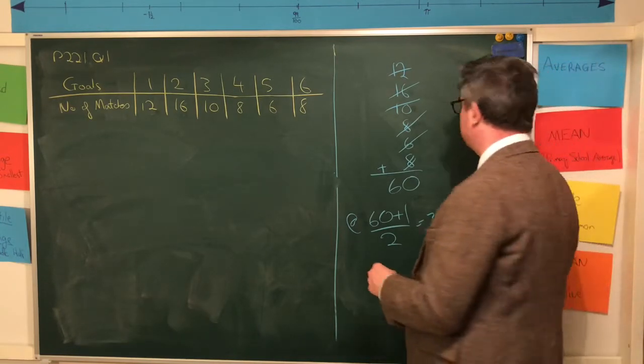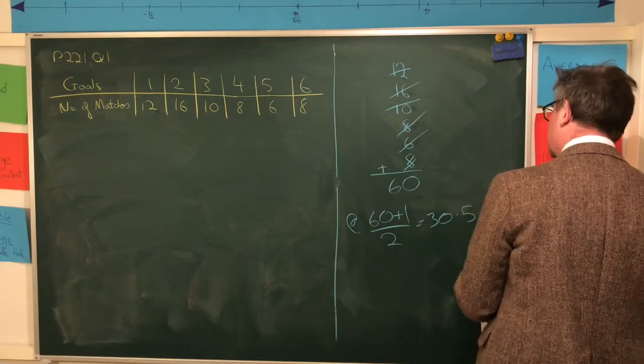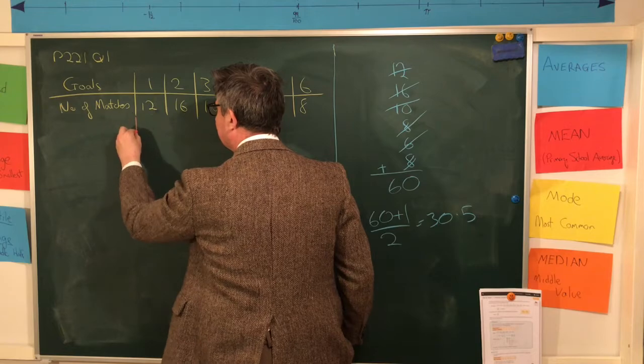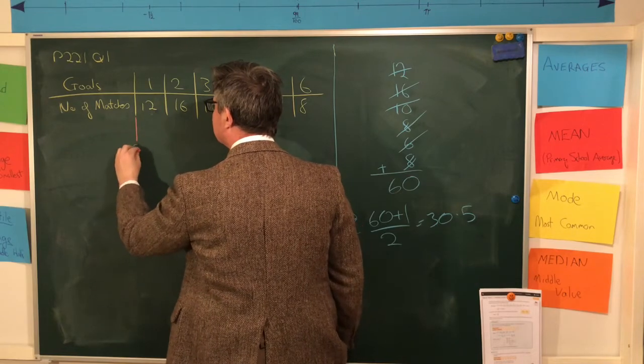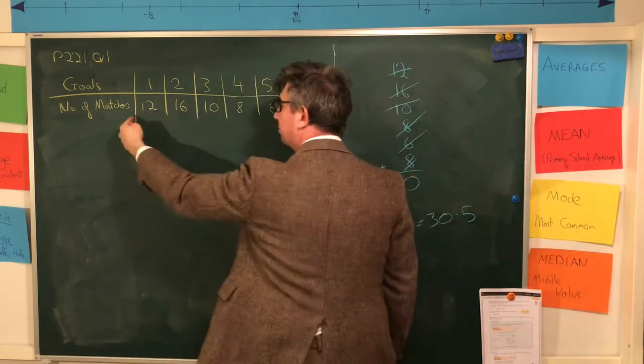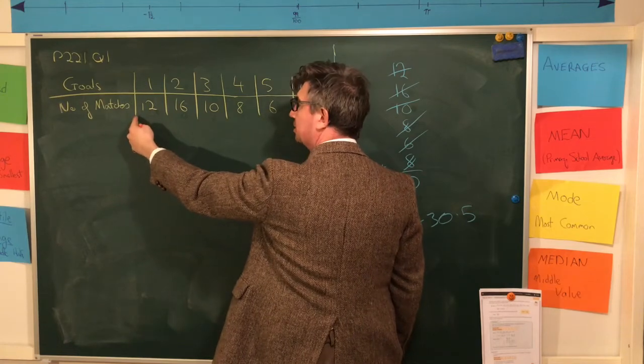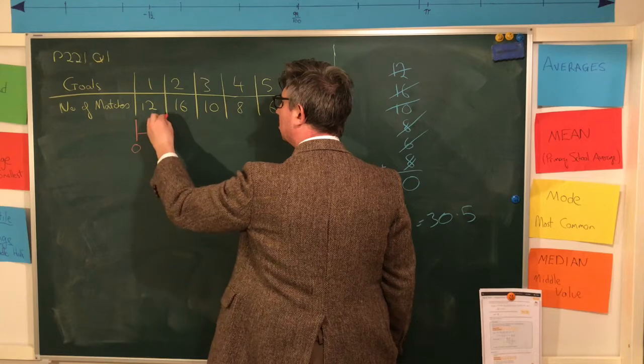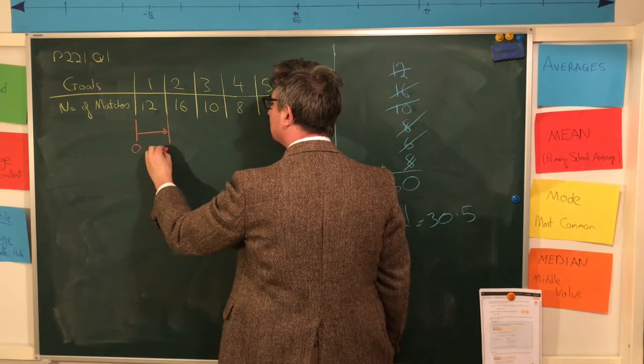Okay, so we can go over to our frequency table. Might do this in red, that would look well. So at this point here, I've done 0 matches. To get from there to there, I've encountered 0 matches. To get from here to here, that's 12 matches.